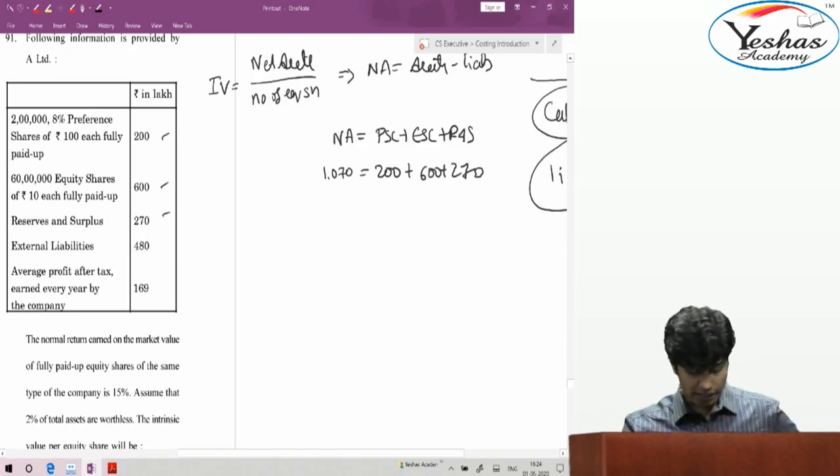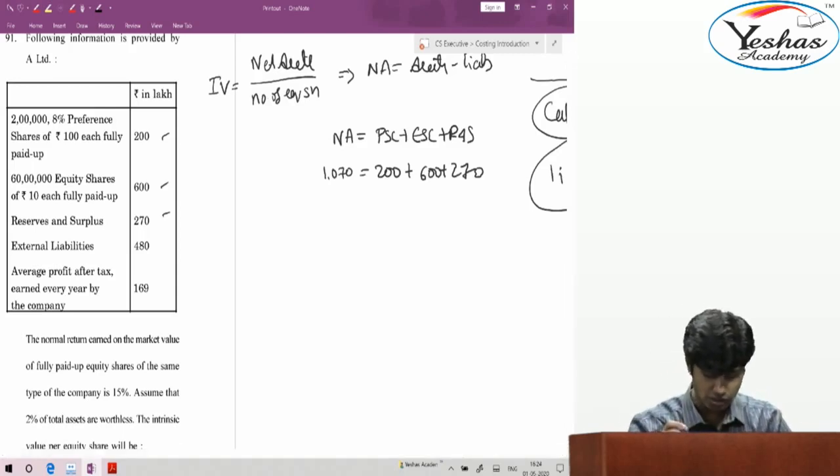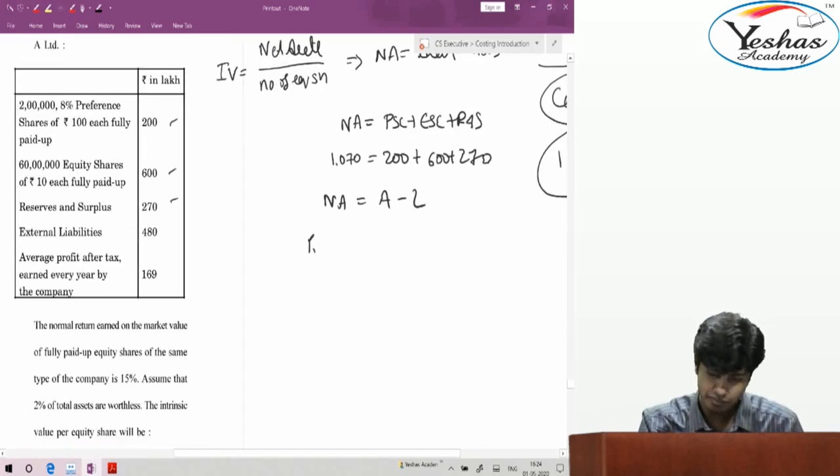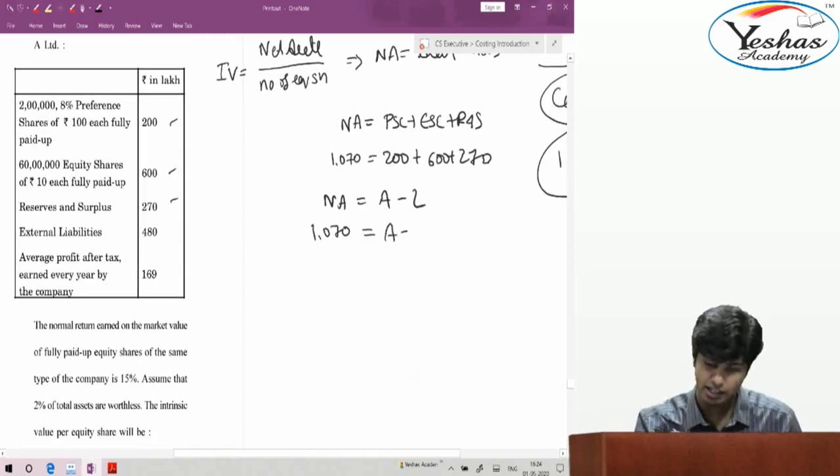And they've told this in this particular question, is it so? Yes, 1070 is my net assets. And we know that net assets is assets minus liabilities, and net assets in this case is 1070. We don't know our assets in this case. That's the reason this entire exercise is happening. And total liabilities, can we find total liabilities? They've told external liabilities is 480.